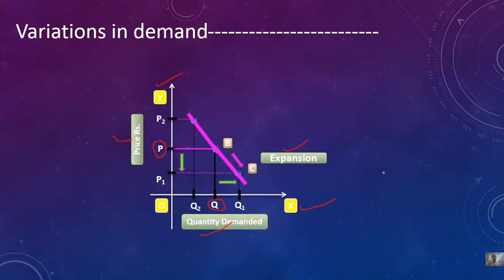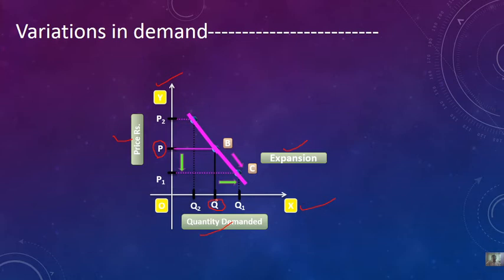In the second case, when there is a rise in price from P to P2, the original quantity falls.